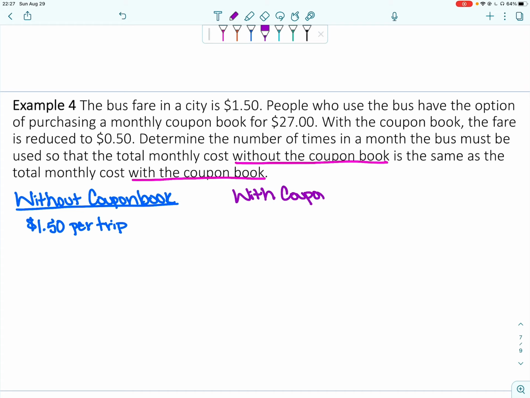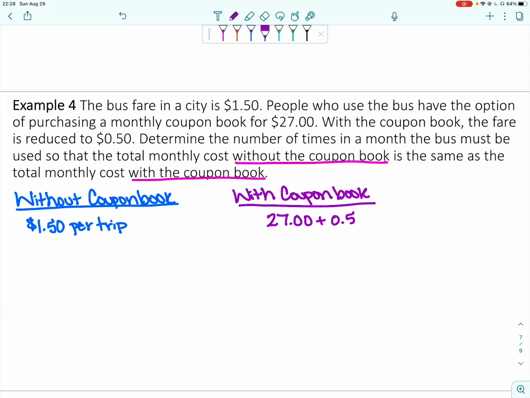With the coupon book, first you have to purchase the coupon book. So that's $27. Then you still have to pay for the bus each time you ride it, but you get a discount.